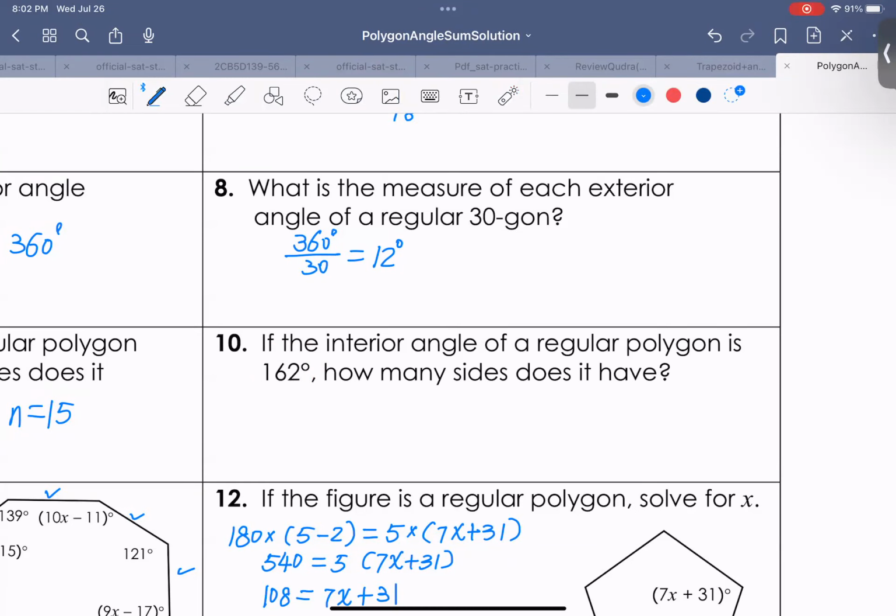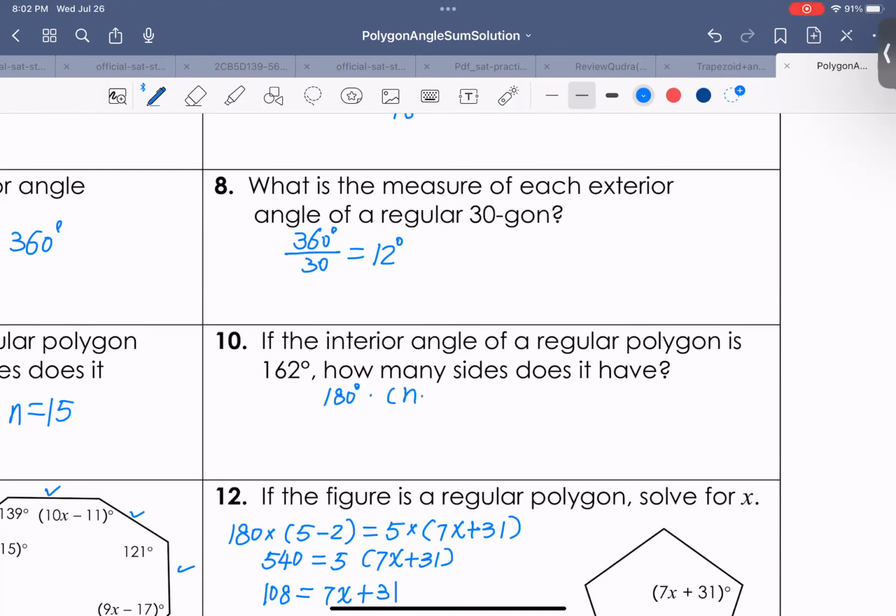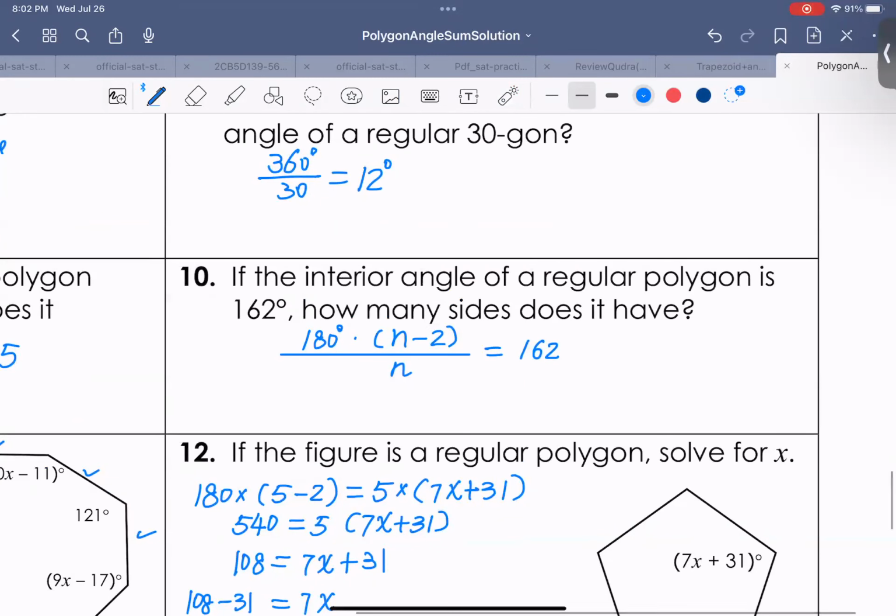So 180 times n minus 2, divided by n, equals 162. And it's going to be 180n minus 360 equals 162n, right?